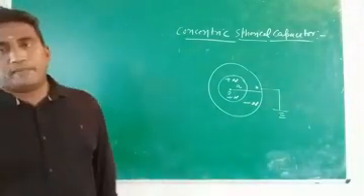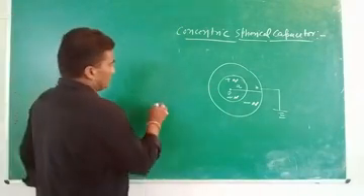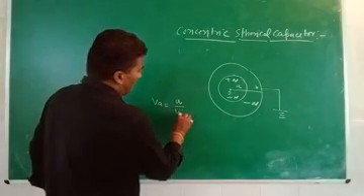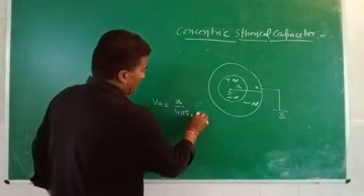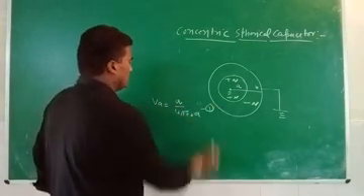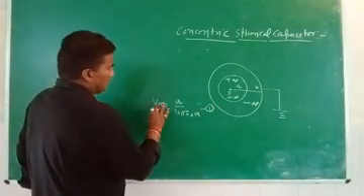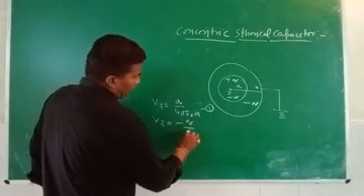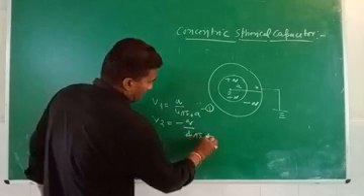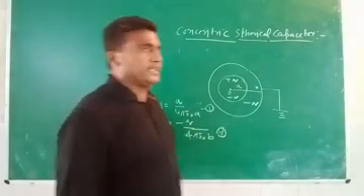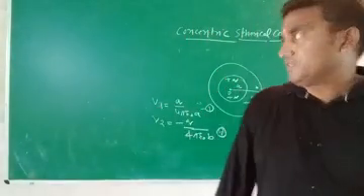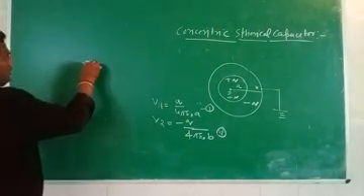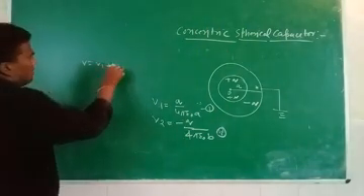Now the potential developed in the capacitor is VA. The potential is Q upon 4 pi epsilon naught A, equation first, and the second potential V2 is equal to minus Q upon 4 pi epsilon naught B. Here A and B are the radii of the given concentric spherical capacitor, and we identify the total potential V is equal to V1 plus V2.